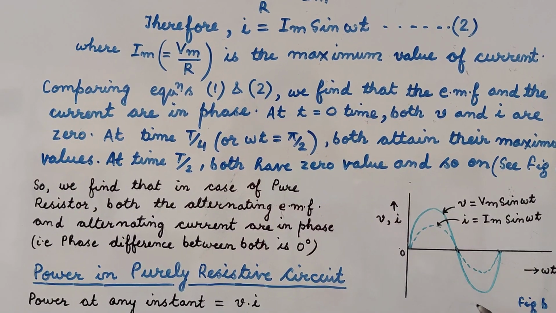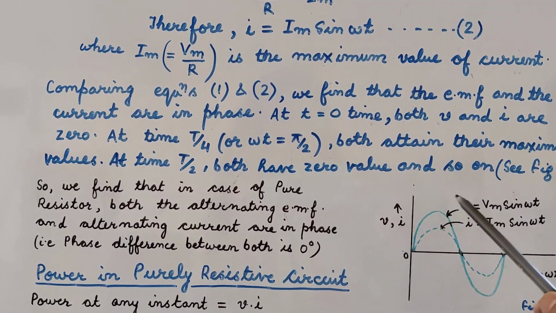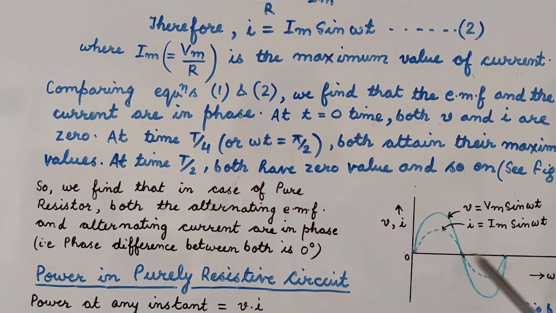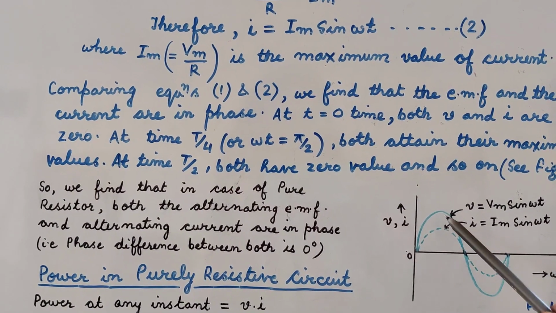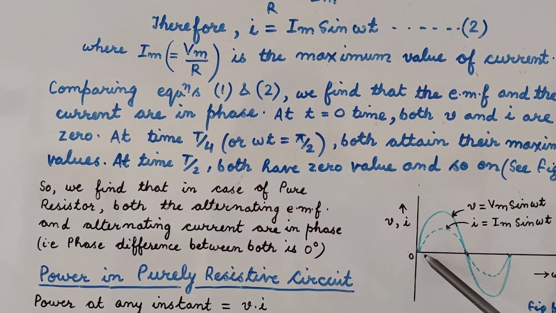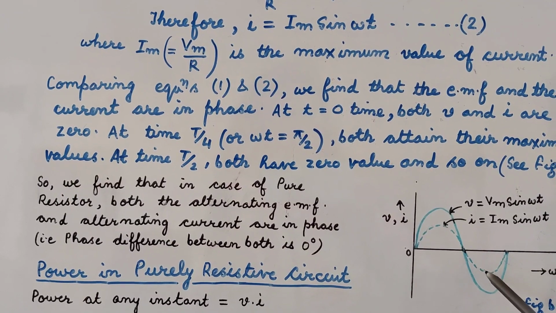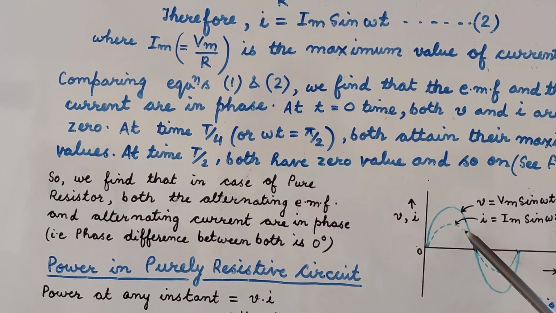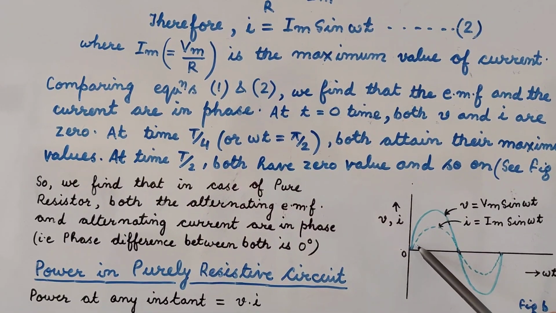This is the graph of the alternating EMF or the alternating voltage, represented as v is equal to Vm sine omega t. And the graph shown by the dotted line is the graph of the alternating current.